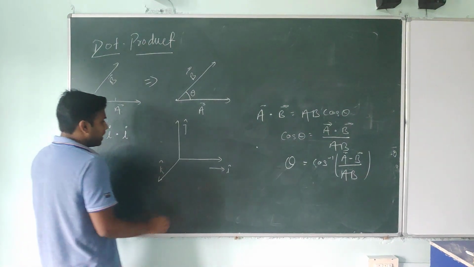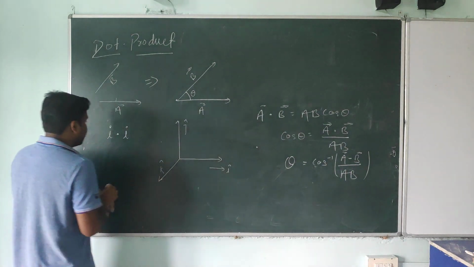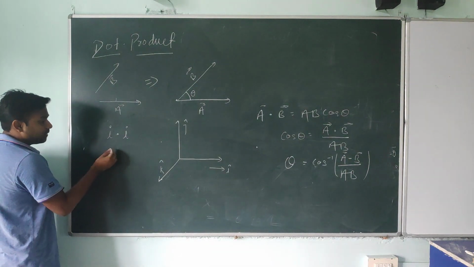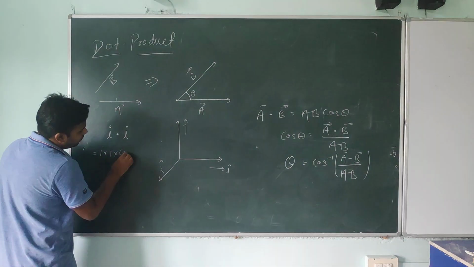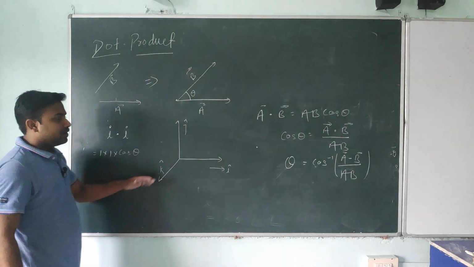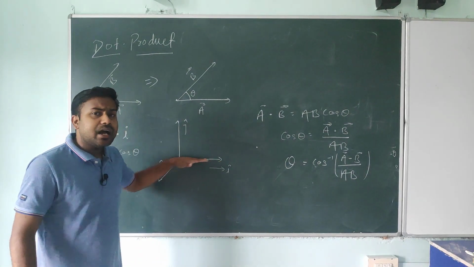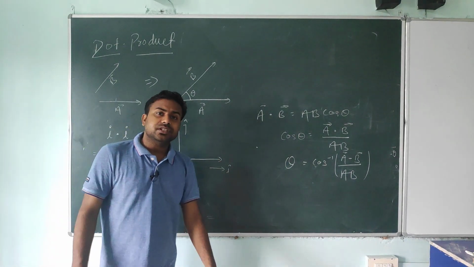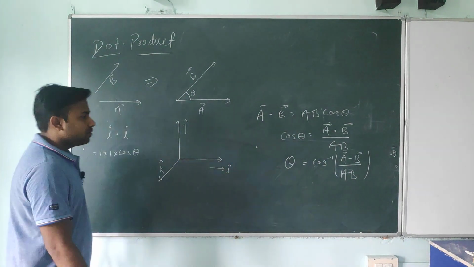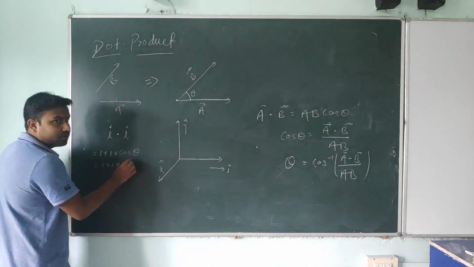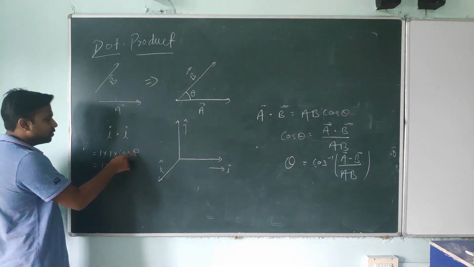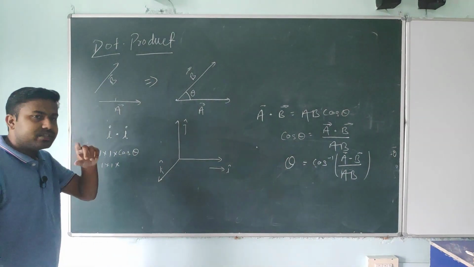Now look at this. If you are taking i dot i, we know that the magnitude is 1 into 1 into cos theta. If both are in the same direction, theta is 0. So you can write 1 into 1 into cos theta, theta is 0, and cos 0 is 1.